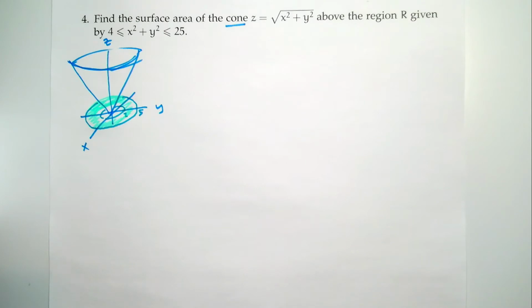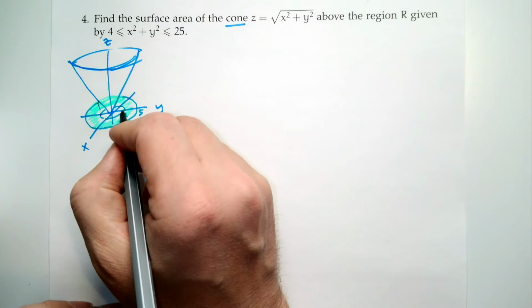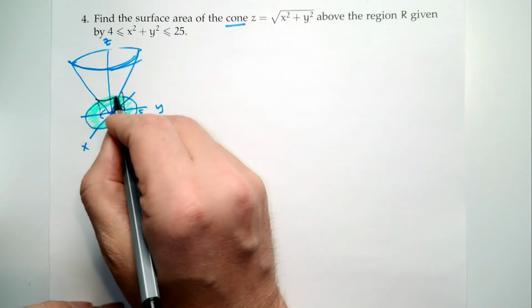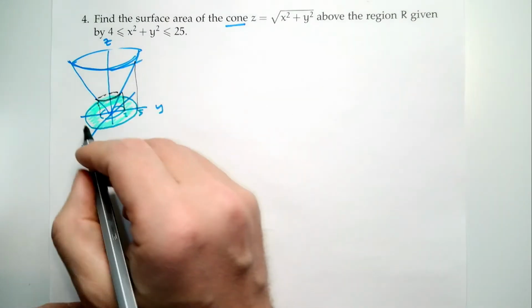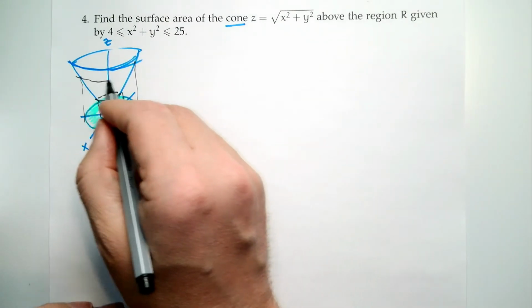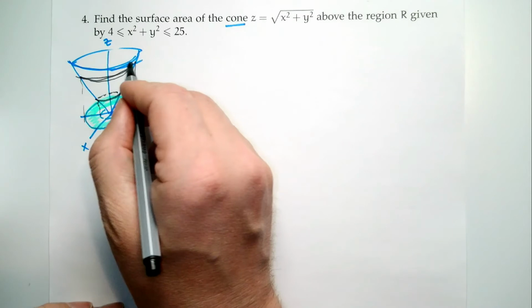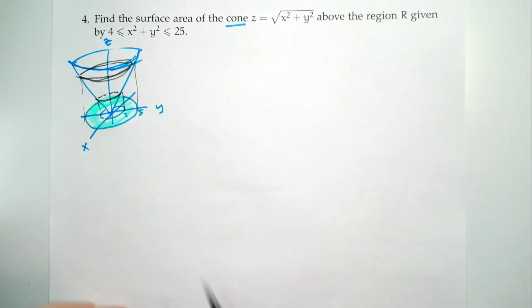As far as upstairs, what happens is you can imagine that this comes up to the cone. So we have a lower part, and again this is coming up to the cone, and we have an upper part. Okay? And so what does it look like?